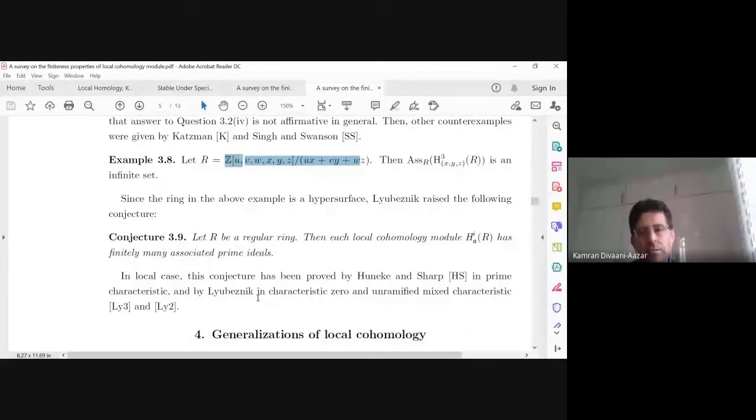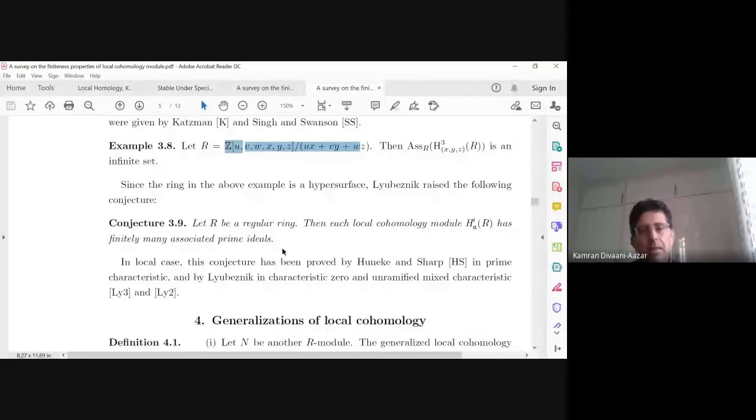There isn't a counterexample to this up to now, and this conjecture is shown to be true in many cases. When the given regular ring is local and its characteristic is prime, it's shown by Huneke and Sharp that this conjecture is true.